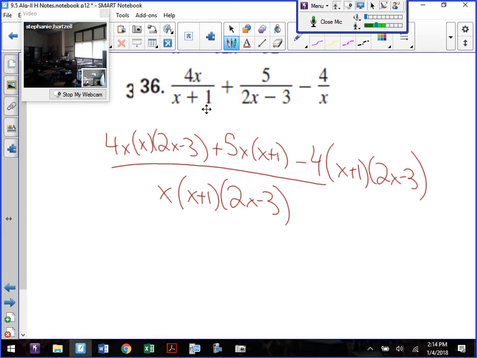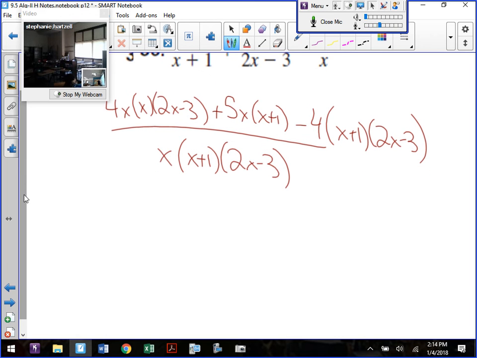And I'll tell you right now, that last fraction, when you distribute out, is usually the part that people will screw up because you've got a negative and you have to distribute through a FOILing process. Okay? I'm not going to rewrite my denominator, but I'm going to simplify this awesome-looking numerator. So I have 4x squared times that, so I'm going to have 8x cubed minus 12x squared.